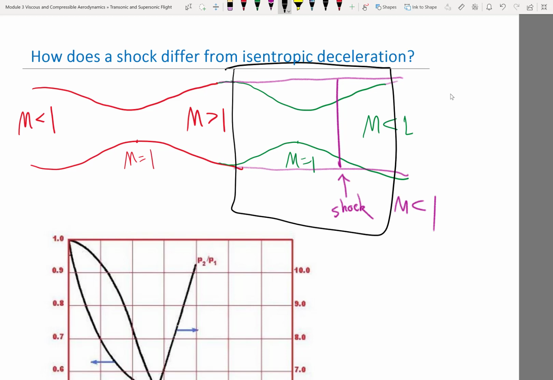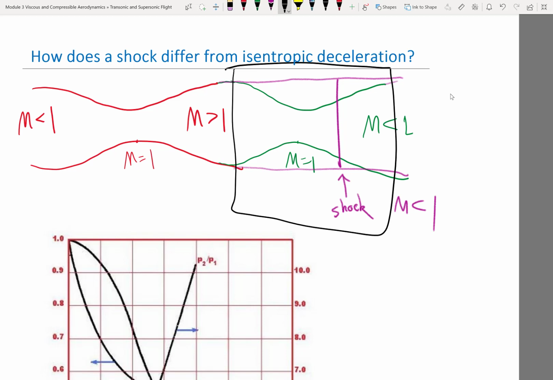In which direction? That direction or that direction? That direction, right? Because high pressure here, low pressure here. Okay, so that means the nozzle applies a force to the fluid in the opposite direction.